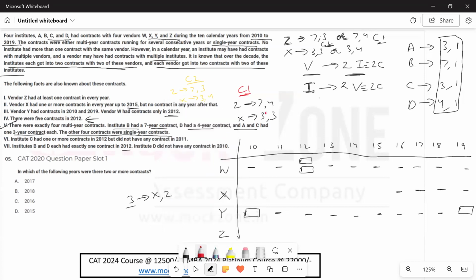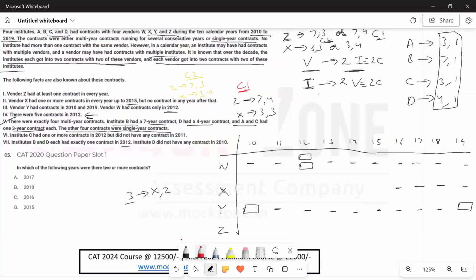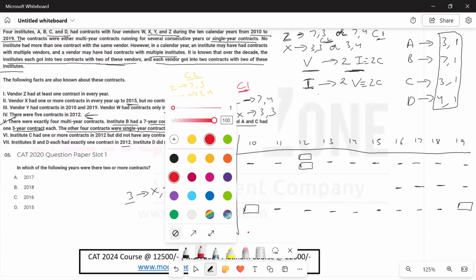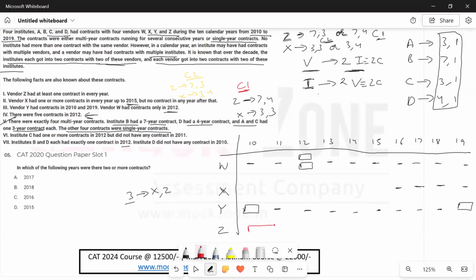So case one says that Z has a 7 and a 4-year contract. That means there will be an overlap in between. So the first case is that the overlap is this way. That 4 years का उसका पहला contract हो, and 7 years ka from 2013 to 2019.